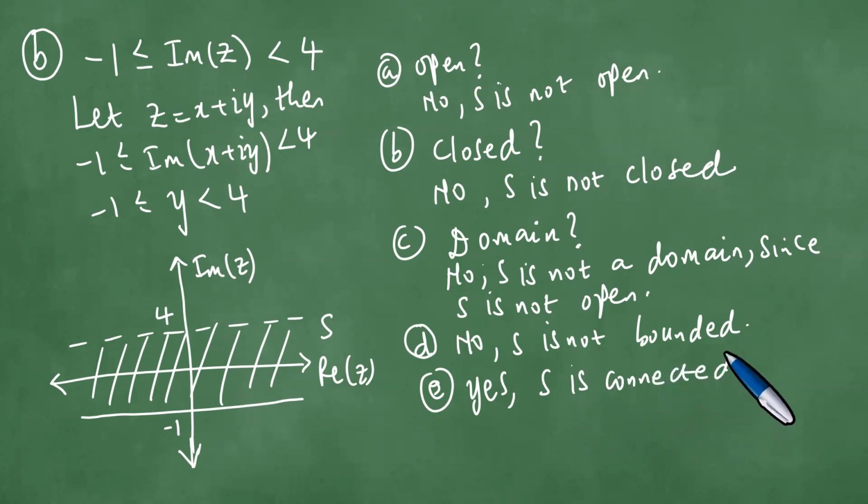It cannot be written as a union of two open sets that are disjoint. So it is connected. Okay. And then we answer the next question.